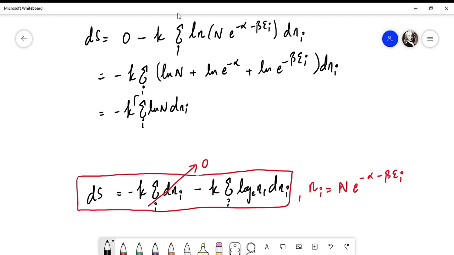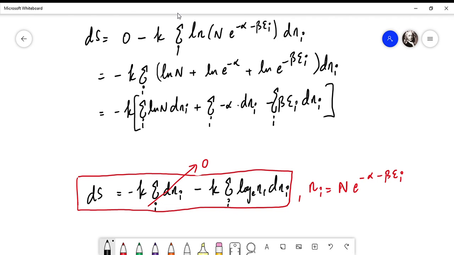I'll write all of these as one term, so I don't have to write the negative term. So this just becomes summation of I, so summation of I e to the minus alpha is just minus alpha here, times dni, and minus beta ei dni.